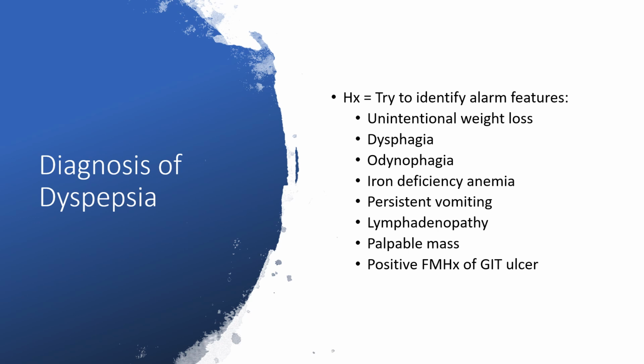With that, we'll be able to identify alarm features, which will include unintentional weight loss, dysphagia, which is difficulty swallowing, odynophagia, which is painful swallowing, iron deficiency anemia, persistent vomiting, lymphadenopathy, palpable mass, or positive family history of gastric ulcer or gastric carcinoma. If you're able to pick any of these, we're going to make a referral appropriately immediately.